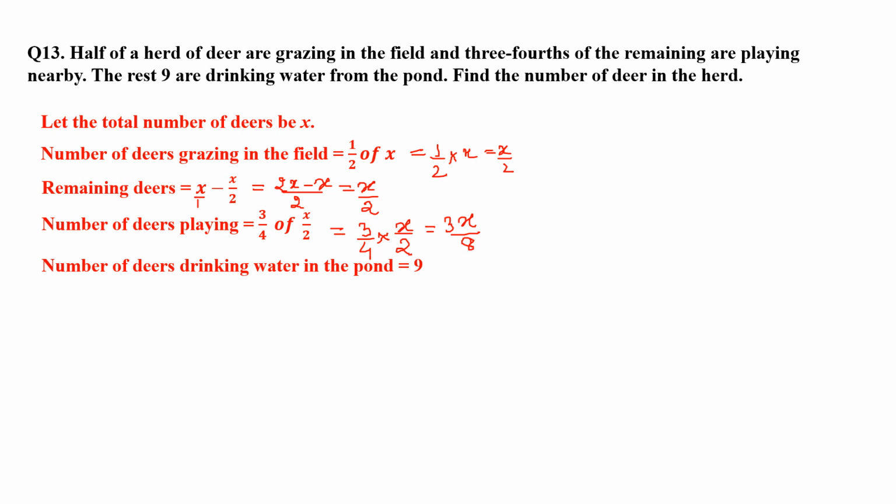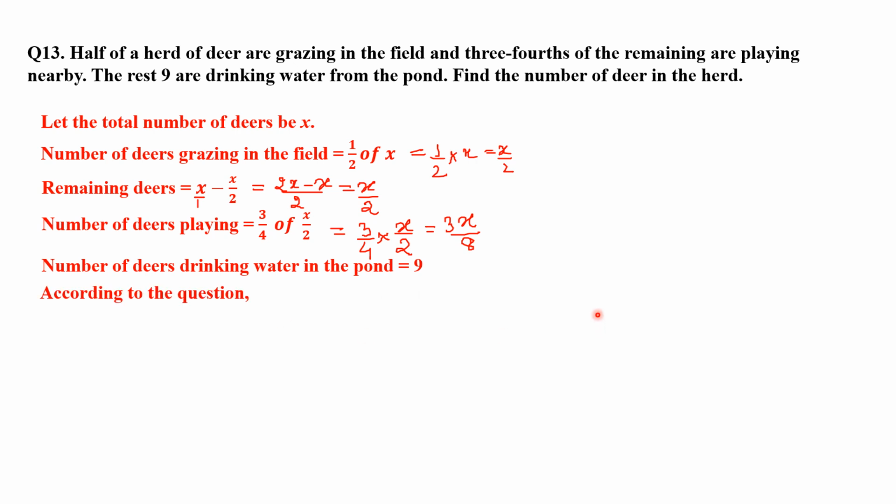Okay. So from the total deer, what are they doing? x by 2 are grazing, 3x by 8 are playing, and 9 of them remaining are drinking the water in the pond. You have to find the number of deer. So how to make a relation here? From here you can see the total number of deer is nothing but the sum of the deer who are grazing plus playing plus drinking water in the pond.